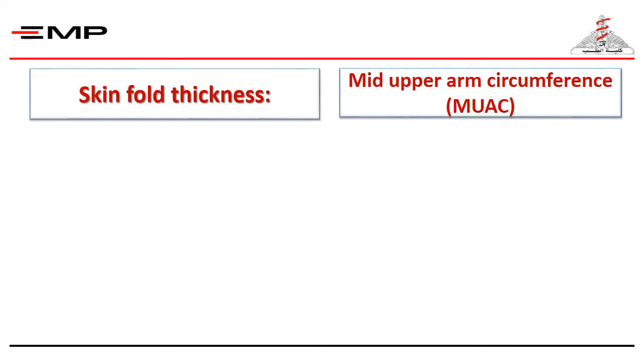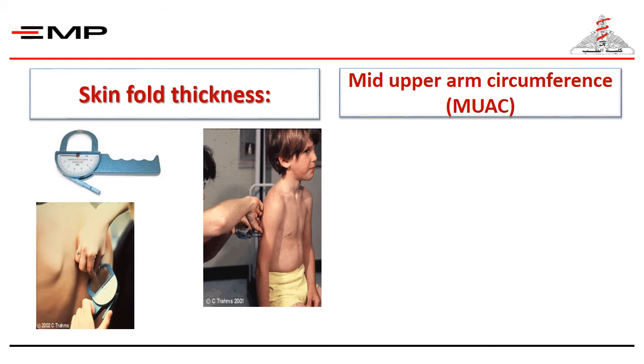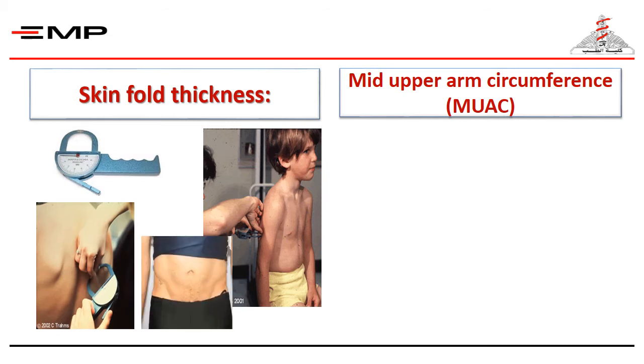Skin fold thickness is measured using a Harpenden skin fold caliper that you can see in this image. A thickness of a fold of skin and subcutaneous fat could be measured at the triceps, subscapular, or suprailiac areas.